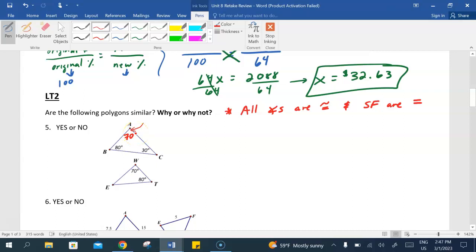I'm going to do the same thing for the bottom. 180 minus both of these will give me 30 degrees left over. So if I look at these two triangles, even though they're kind of flipped over, the angles are all congruent. So yes, they are similar because all angles are congruent.